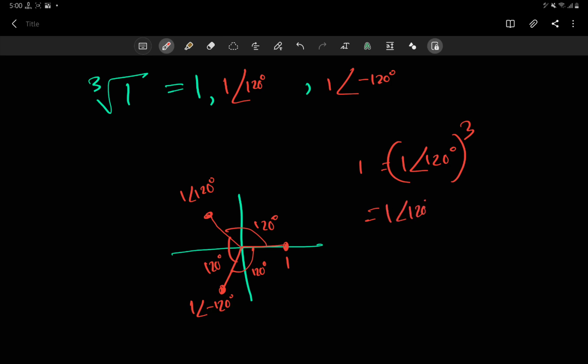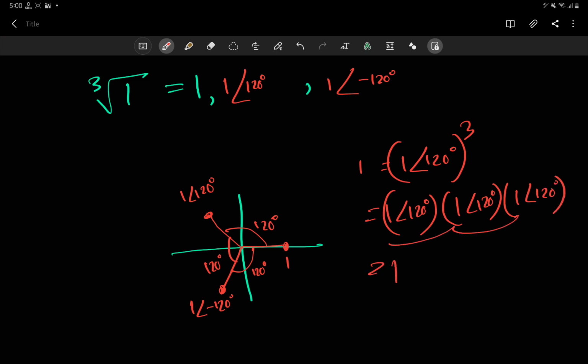So let me write it out for the first time. 1 times 1 times 1, which is also just 1. 120 times 120 times 120 is 360 degrees, and we already know that 360 degrees is just 0 degrees, right? So this is actually our 1, because 1 is 1 angle 0.